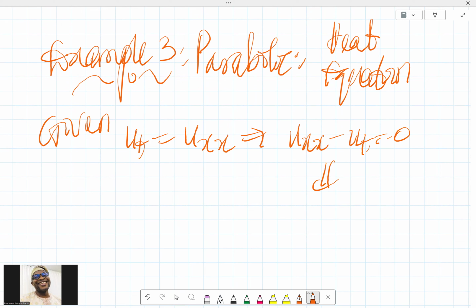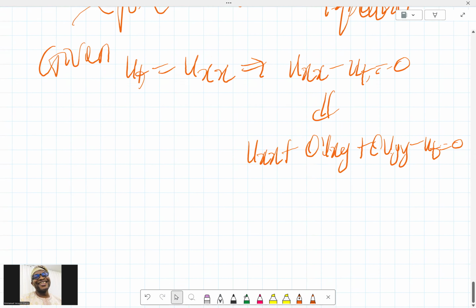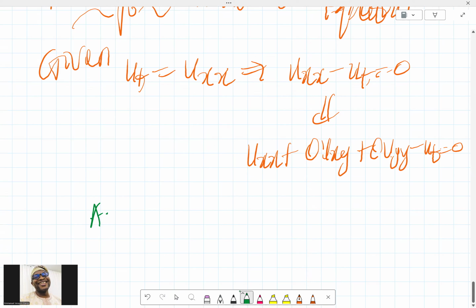In standard form, this is uxx plus 0 uxy plus 0 uyy and minus ut equals 0. From here, A is equal to 1, the coefficient of uxx, B is equal to 0, the coefficient of uxy, and C is equal to 0, the coefficient of uyy.